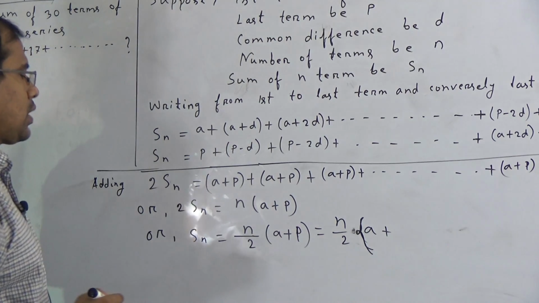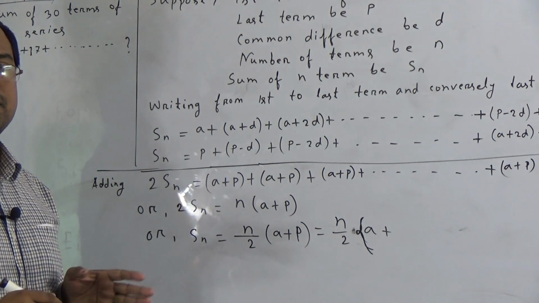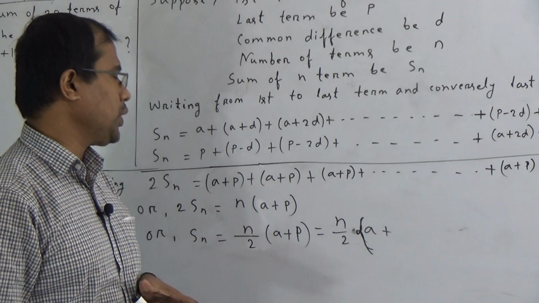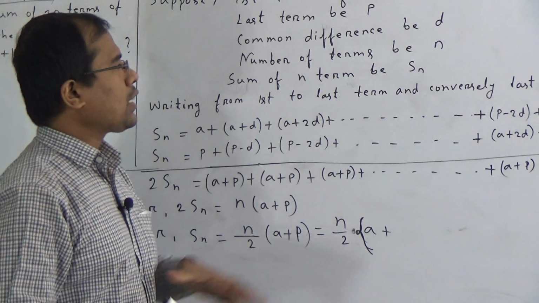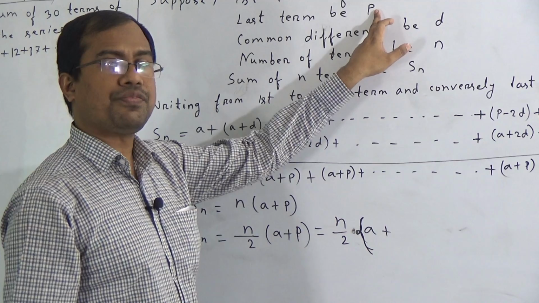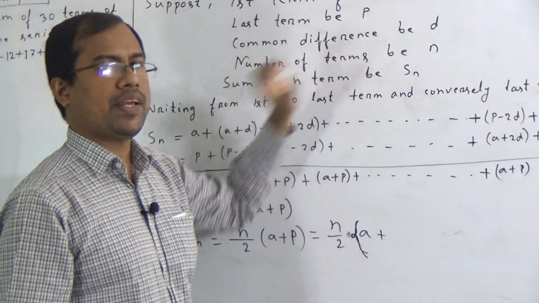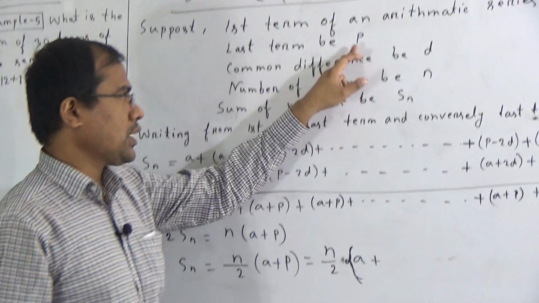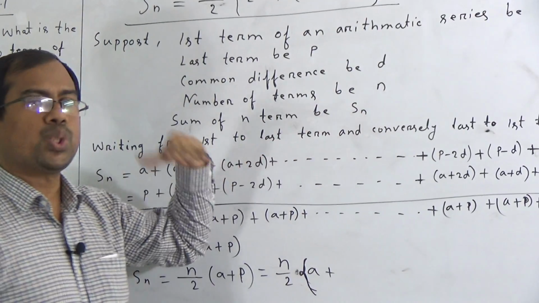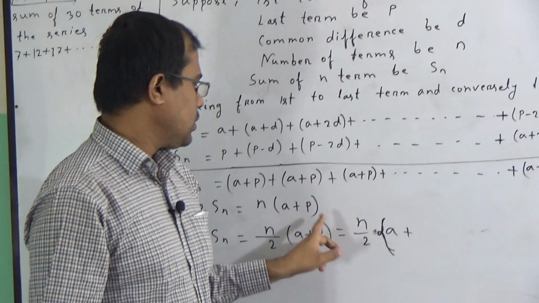In our previous class we have learned the formula of nth term equal to a plus n minus 1 into d. Here total number of terms is n, and the last term is p, so the nth term will be p. Again I am telling, we have considered the last term of the series is p and the total number of terms is n, so we can say the nth term will be p.